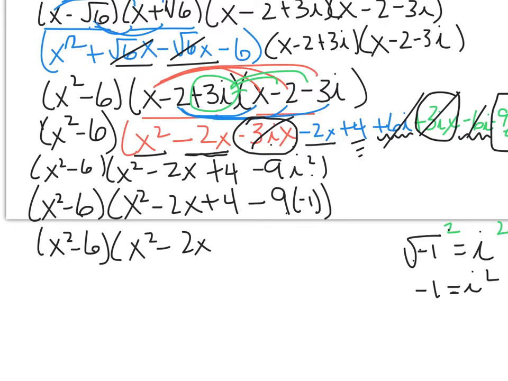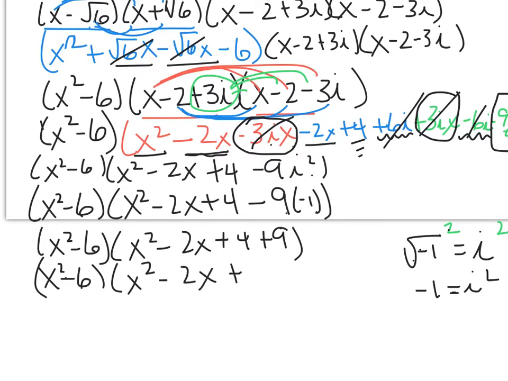So 9 times a negative 1 becomes a negative 9, but then we have this negative up front, so it becomes plus 4 plus 9, which becomes a 13.